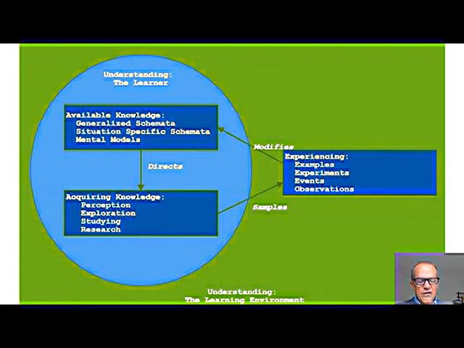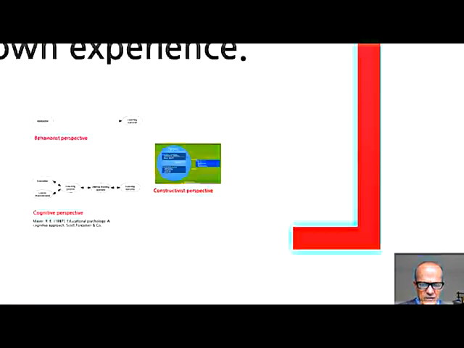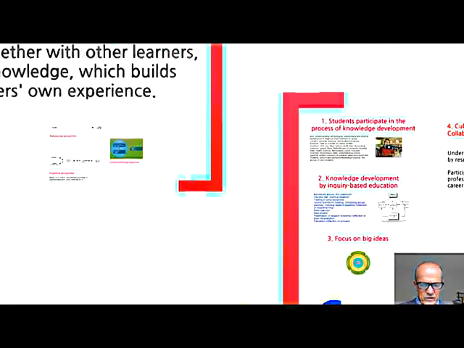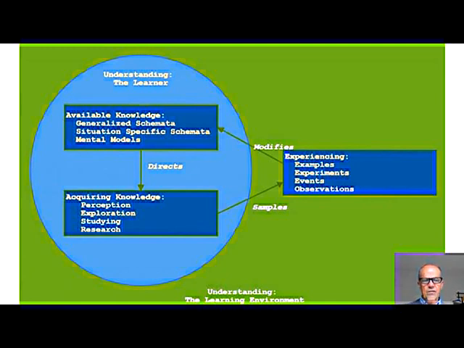So here you can say that the learner basically is in charge. It's not the environment, not the teacher or the stimulus or whatever, but it is the learner who actually governs, steers and conducts the whole process of learning. Okay, so that's the next step. The learner is really in charge, and as we can see also, there is the environment, there are the other learners who also play a role.